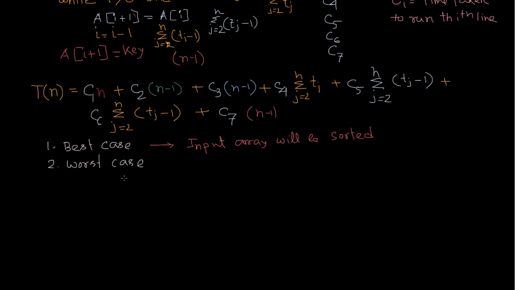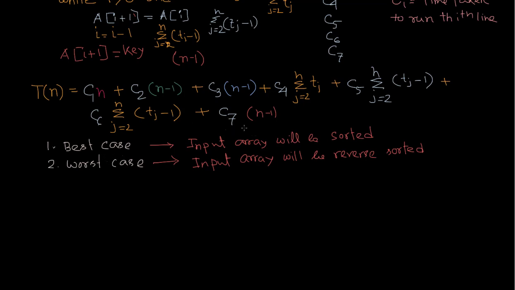And our worst case will be when the input array is reverse sorted. If all the array elements are reversely sorted, then for each and every j, I have to iterate through all the elements of the left hand side of the array. So this would be my best case and worst case scenario.